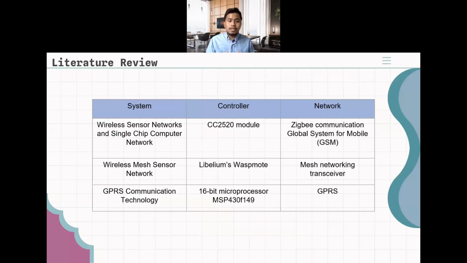The second project is a wireless mesh sensor network. The controller is Libelium Waspmote, and the network is a mesh networking transceiver. And the last project that I found in the previous journals is a GPRS communication system. The controller is a 16-bit microprocessor MSP430F149, and the network is GPRS.